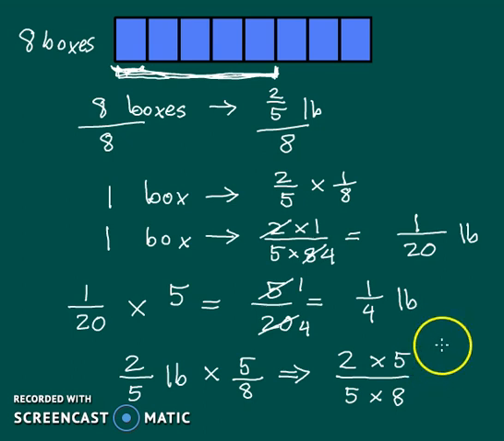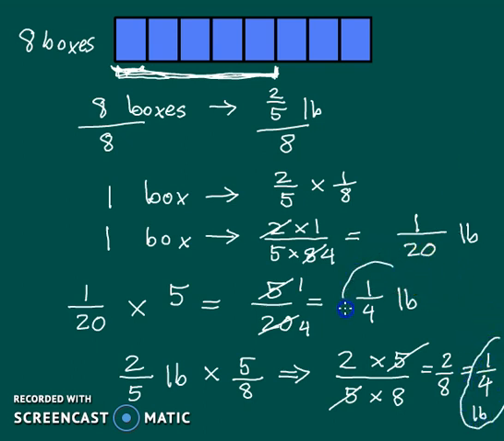I have common factors between the numerator and denominator, so I can get rid of these 5s. I am left with 2/8, which can be simplified to 1/4 of a pound, and that's the same thing that we got before. So you can see that you can get the answer in a number of ways. And that's it.